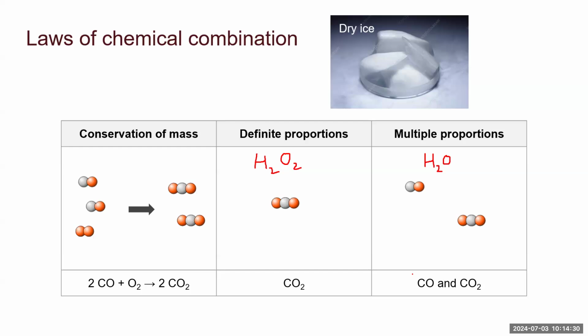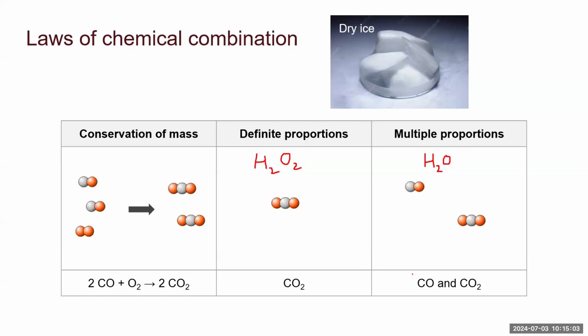So hydrogen peroxide and water are fundamentally different from one another. They're both made up of hydrogen and oxygen, but the ratios of hydrogens and oxygens to one another are different, and they give these 2 different compounds fundamentally different reactivities. So when it comes to definite proportions, water is always going to be 2 hydrogens and 1 oxygen.